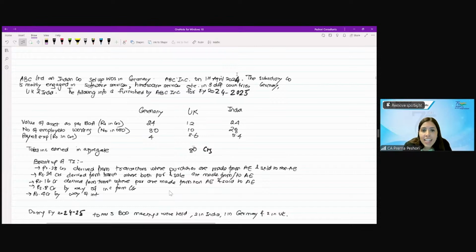What about the asset test? 24 crores are in India. And how much are the total assets? 60 crores. So 24 divided by 60 crore into 100%, which is coming to 40%. So even that test is satisfied. Then employee test.